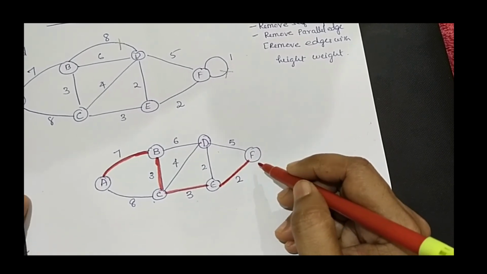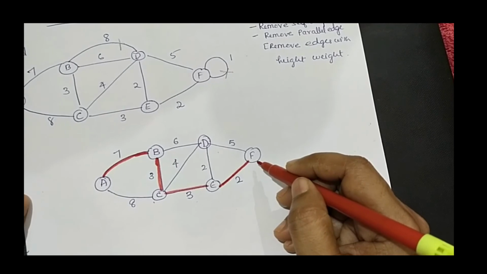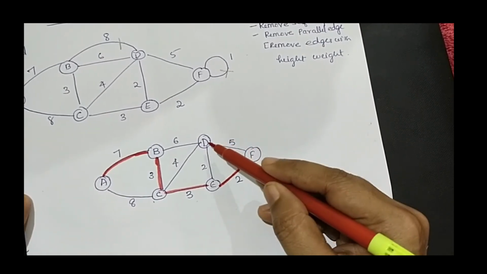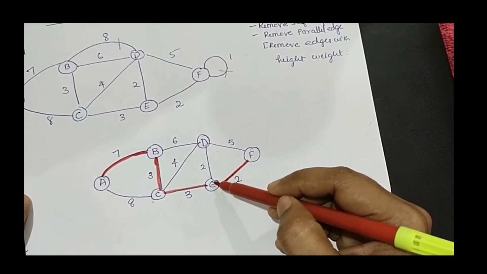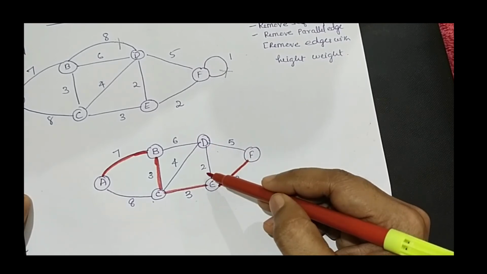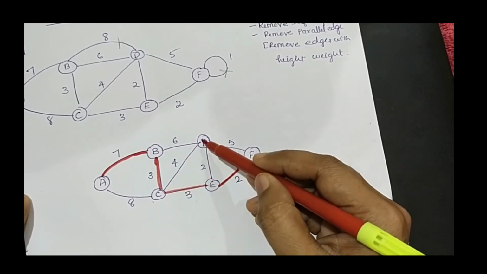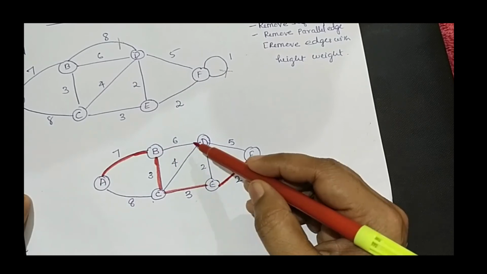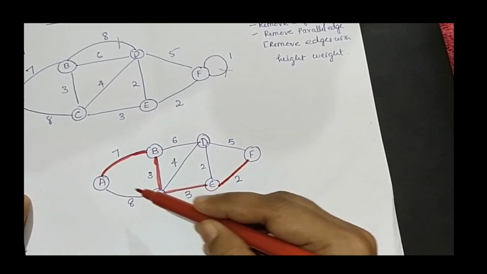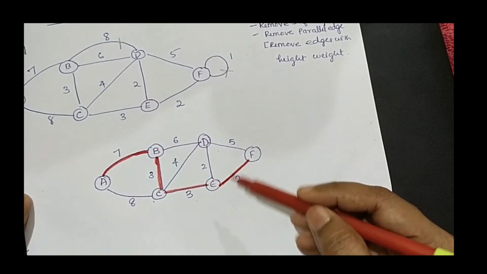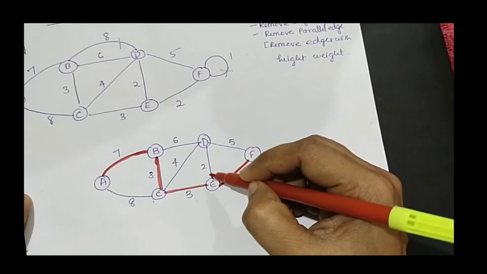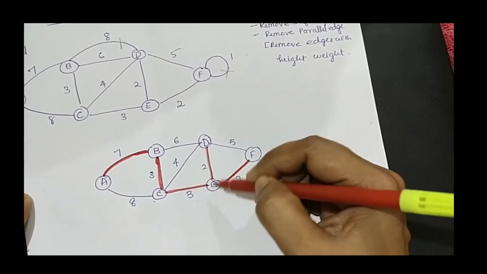Alright. Now you have to take care of the edges going out of F. That is F to D, which is 5, as well as E to D, that is 2, C to D, that is 4, B to D, that is 6, A to C, that is 8. Which one is the smallest? This one is the smallest, so we'll take this.